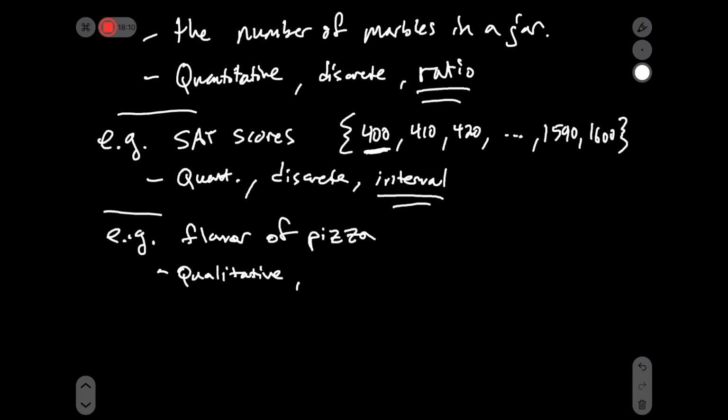And what kind of measurement scale is this? This is nominal. Okay. Why? Because there's no intrinsic order here. This is just a label. And that's it. It describes the pizza. There's no calculations we can do on, pepperoni divided by sausage or something as ridiculous as that.